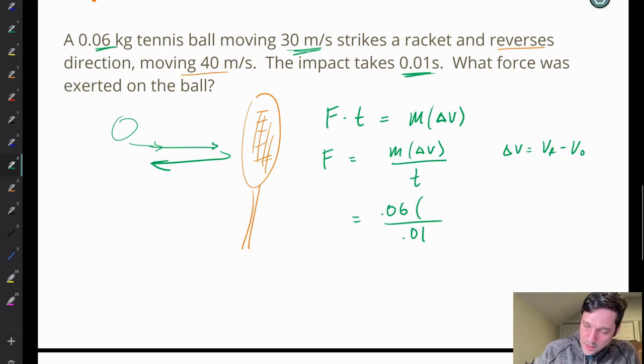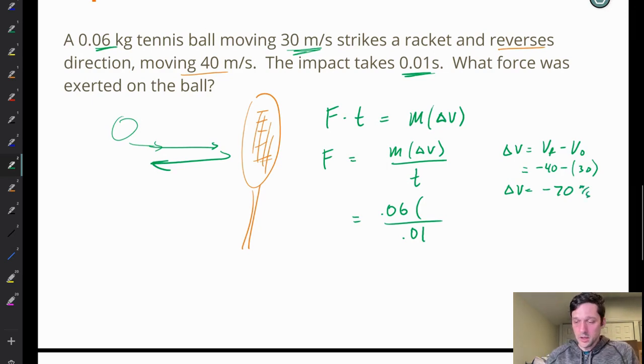So its final velocity is negative 40, and its initial velocity coming in was 30. So final velocity minus the initial velocity of 30 tells us that the change in velocity was actually negative 70 meters per second.